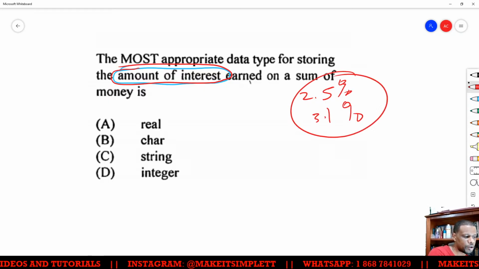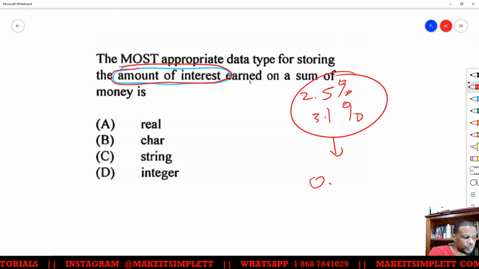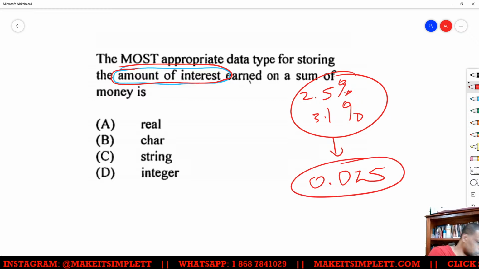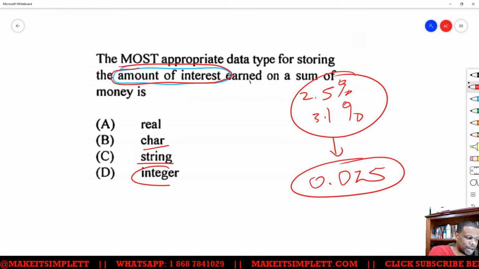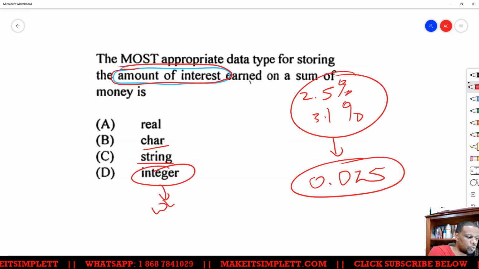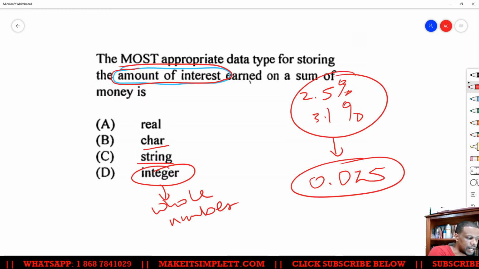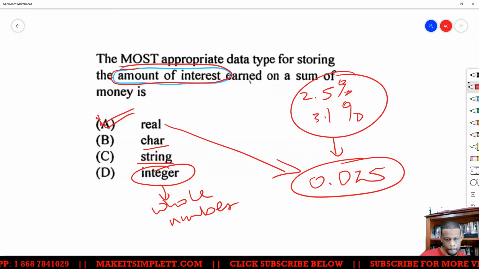And anytime you're thinking about percent, you have to think of a decimal, because 2.5% is 0.025. What variable could hold 0.025? Definitely not a character, definitely not a string, and it can't be an integer, because an integer is only whole numbers. So your answer here is real. Real will be able to hold the decimal.